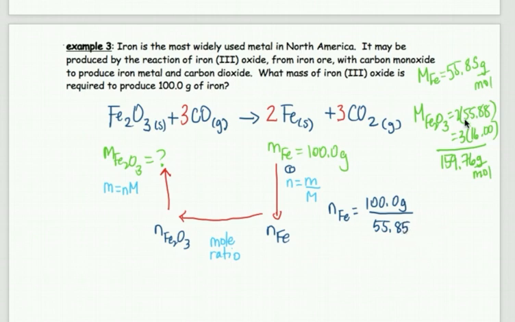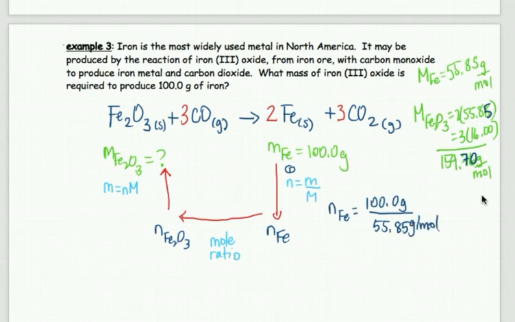Okay, so I'm just realizing I did that wrong here. So that should be 159.70. Okay, just 70 like that. Okay, all right, so that's the molar mass for that one.